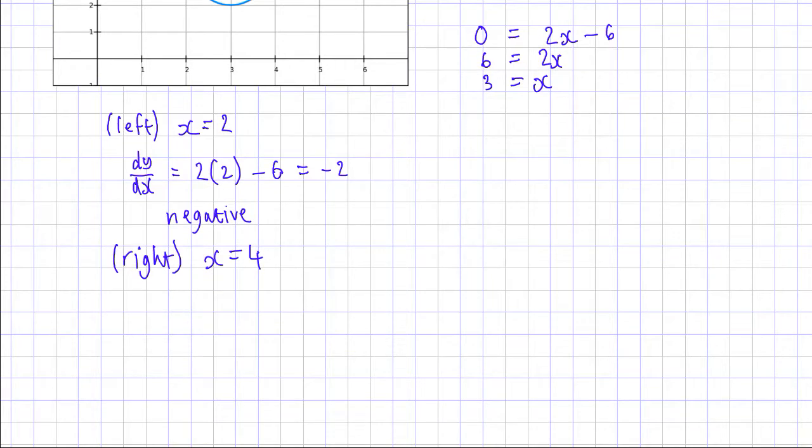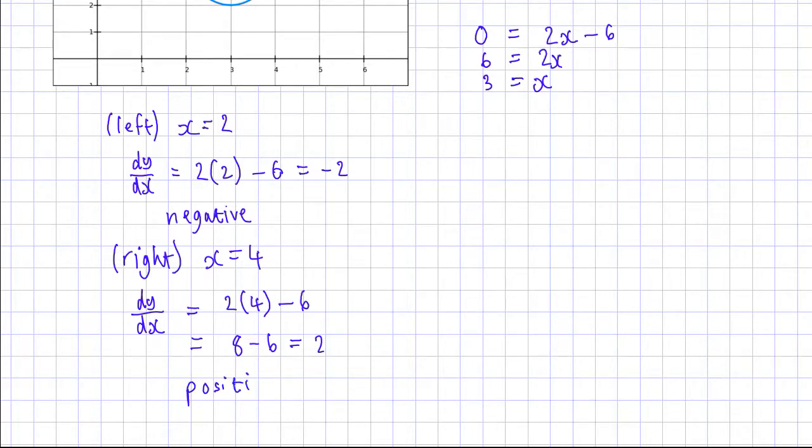And the gradient here, dy over dx, is equal to 2 times 4 minus 6. So 2 times 4 is 8, 8 take away 6 is equal to 2. So my gradient is positive.